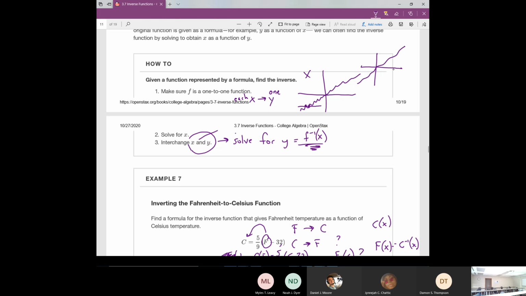Here's a better one-to-one. For every value of x, there is only one value of y. That's one-to-one.